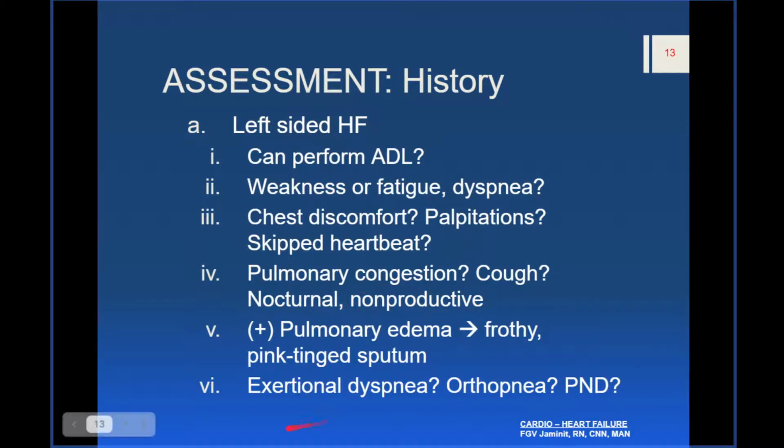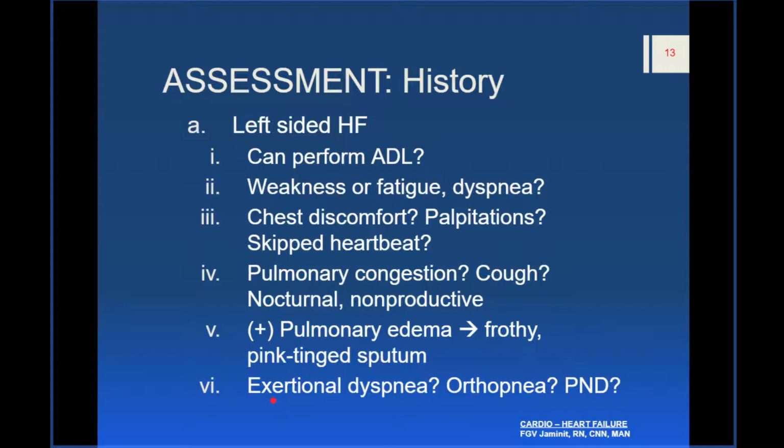So assess or ask for history of exertional dyspnea, a difficulty of breathing when an activity is being performed. Orthopnea, you know already orthopnea, no? It's a difficulty of breathing when in a lying position. So the patient should sit up and lean forward to have a better breathing pattern.